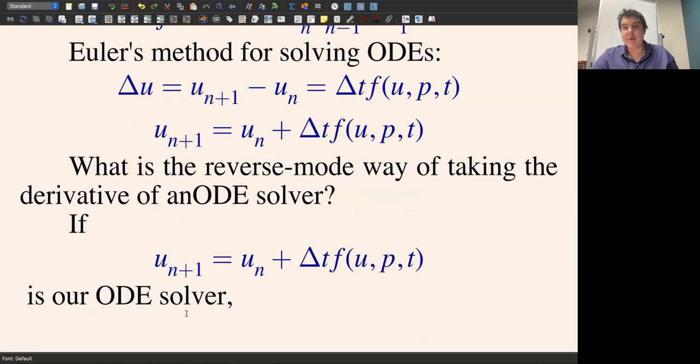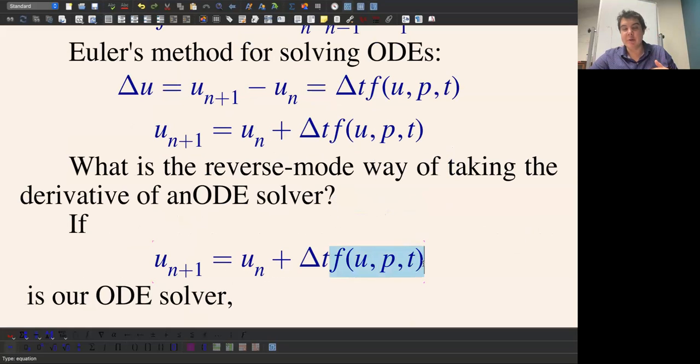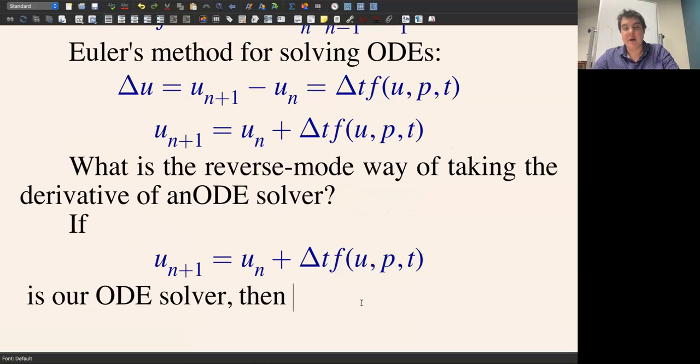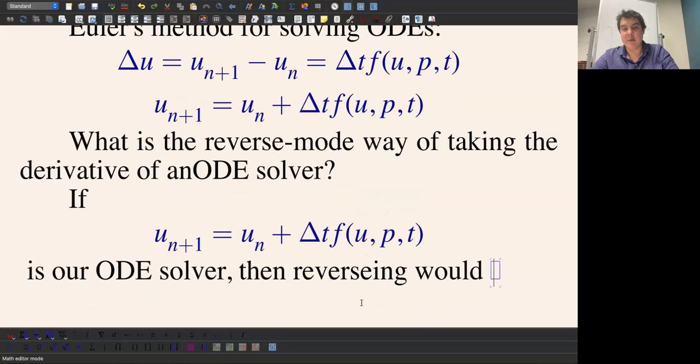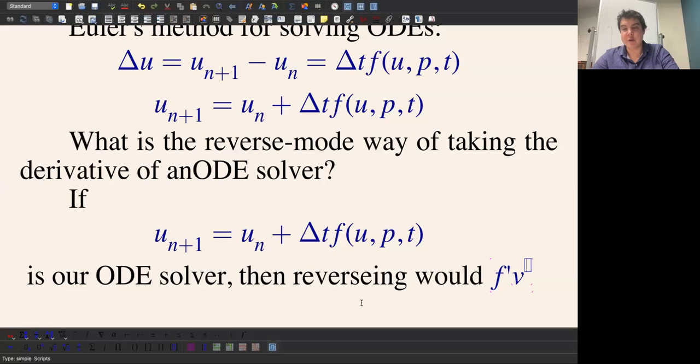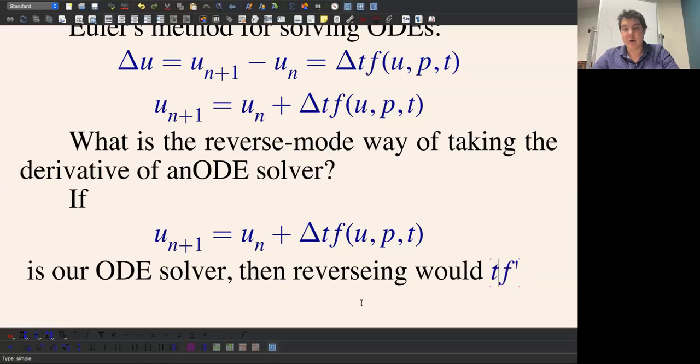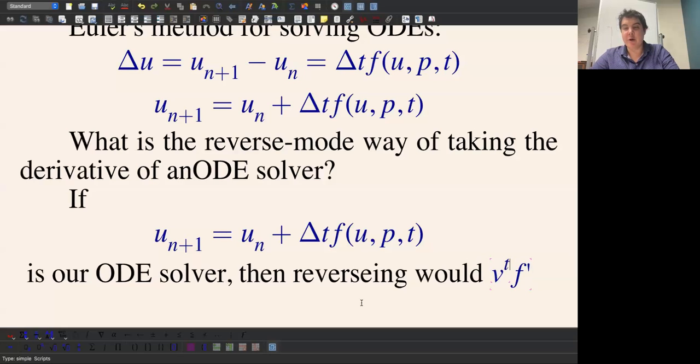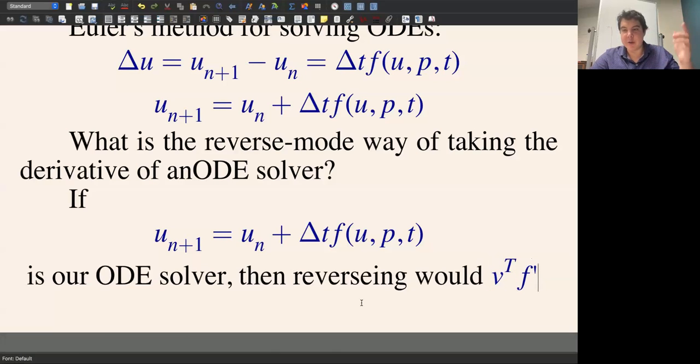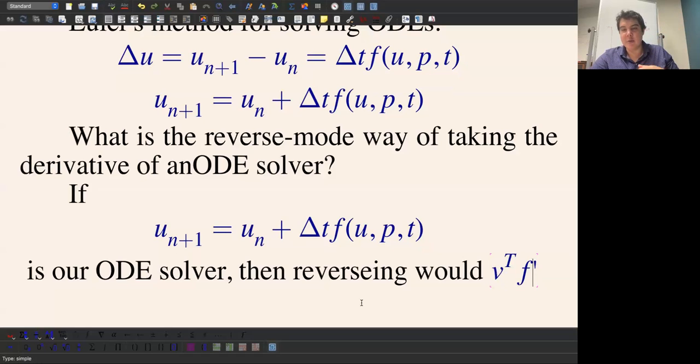After we've computed going forwards, we want to reverse this computation graph, in which case we would do the vector Jacobian products, the Jacobian vector transpose products, going backwards at every step of the operation.